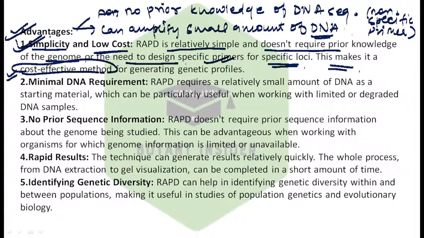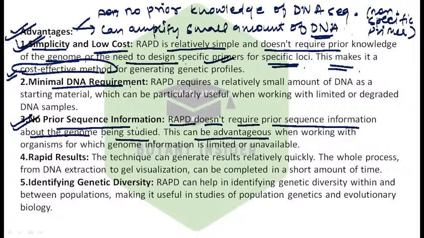Okay. It requires minimal DNA because it is later going to amplify that DNA. And it does not require prior information of the DNA sequence. RAPD does not require prior sequence information about the genome being studied. This can be advantageous when working with organisms for which genome information is limited or unavailable.